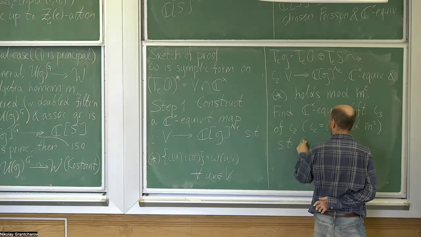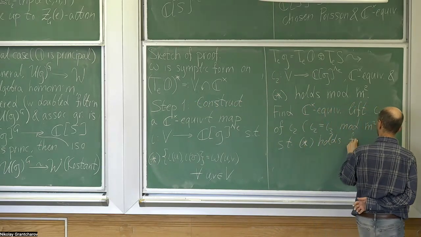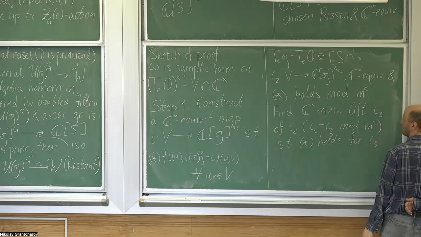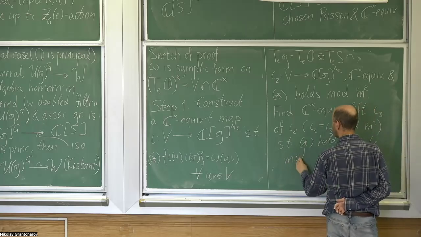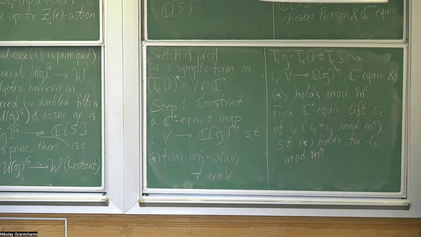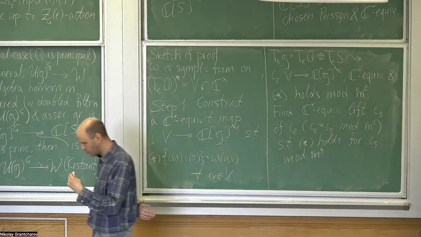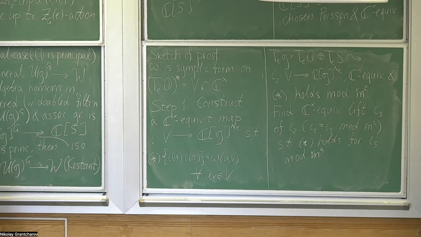Such that star now holds for iota 3 modulo m cube, etc. And so the first time you see this kind of argument is when you try to prove the formal version of Darboux theorem.